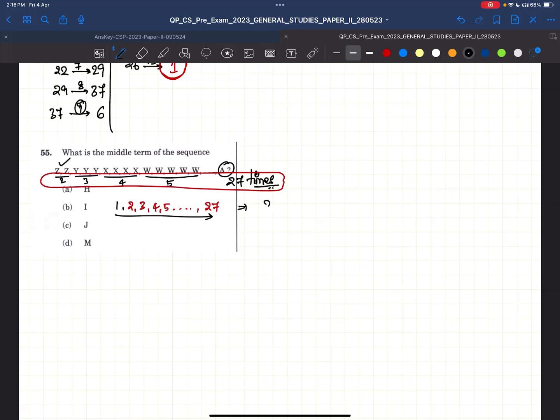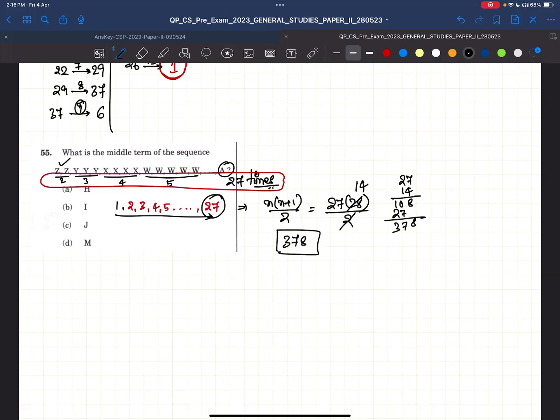What is the formula? n into n plus 1 by 2. What is n here? 27. So 27 into 28 by 2. Cancel this. What is the value? 27 times 14 is 378.